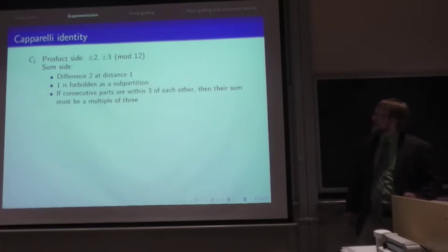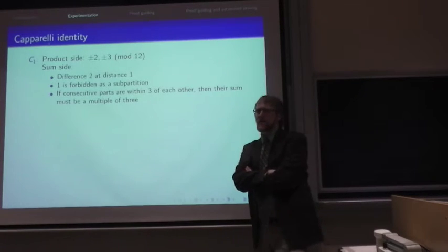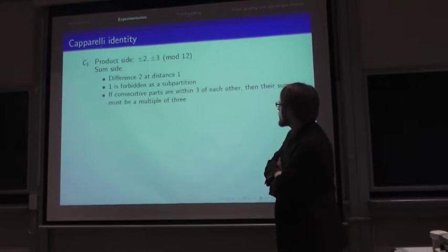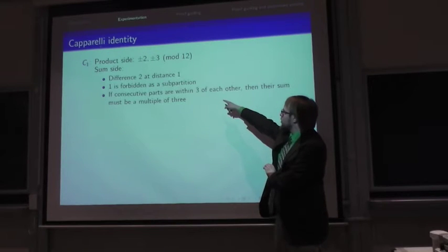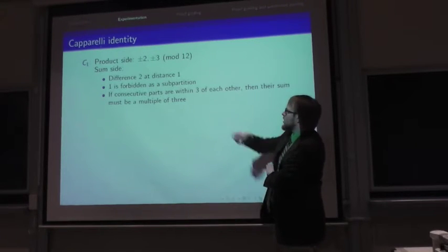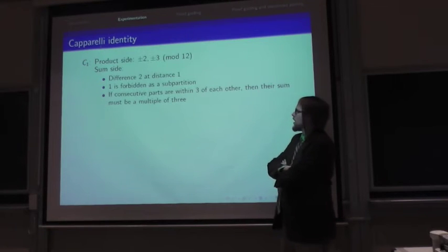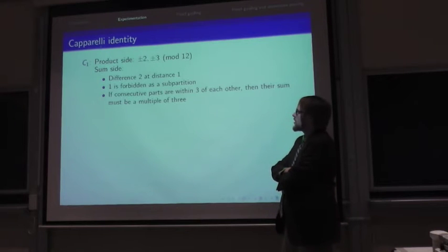But now we have a third sort of condition here. We have an added congruence condition. If consecutive parts are within 3 of each other, then their sum must be a multiple of 3. For example, we have this difference 2 at distance 1.